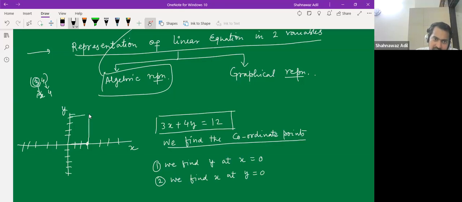So this is my 3 comma 4 point, right? Similarly, to represent this equation on a graph, we will require points, and generally we require only 2 points.